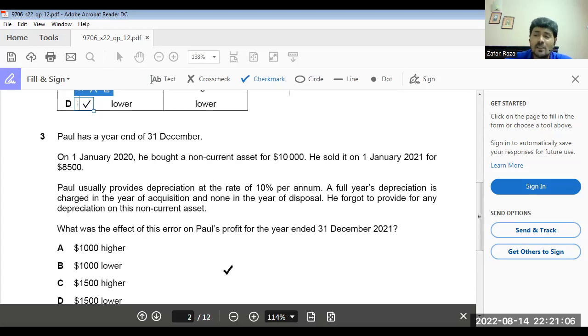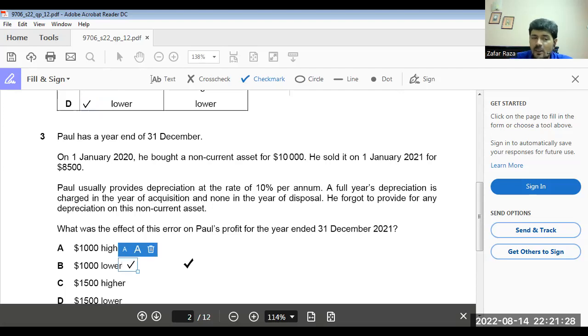But because that 1,000 depreciation was forgot, so it means this year profit is going to be decreased by 1,000 more. That was supposed to be the depreciation of 2020. Now this will be charged as a loss in 2021. So the profit is lowered by 1,000.